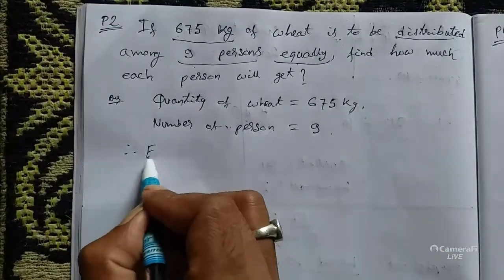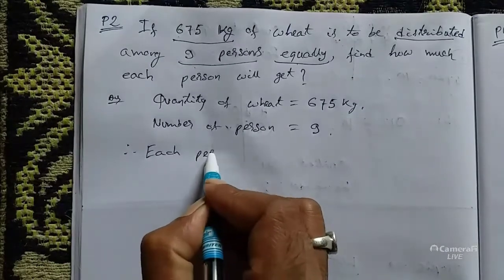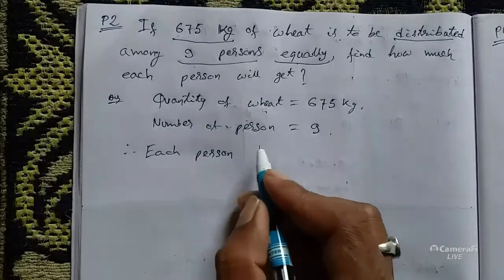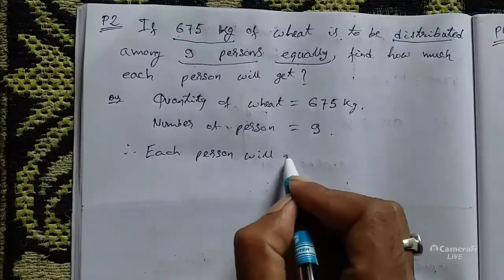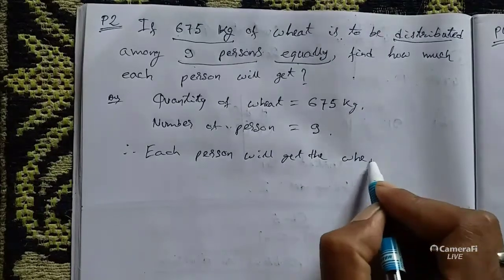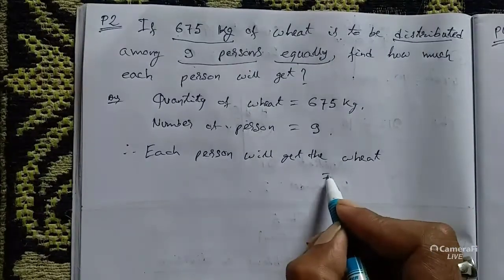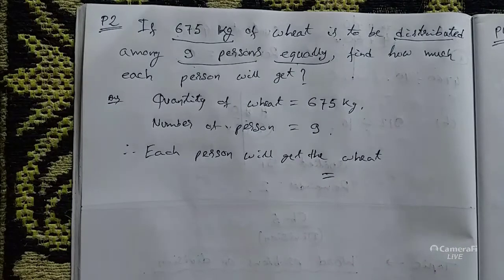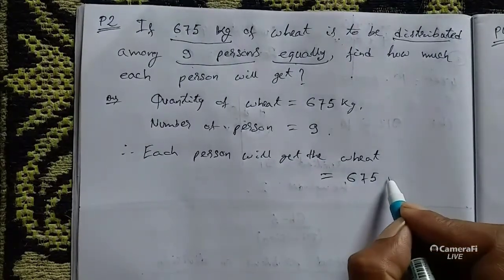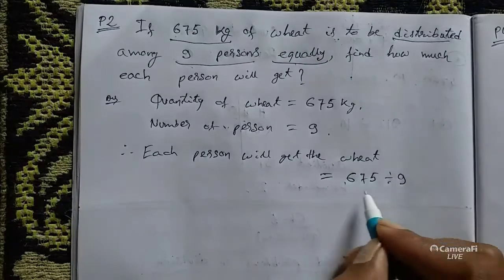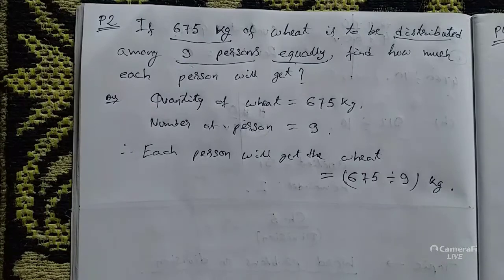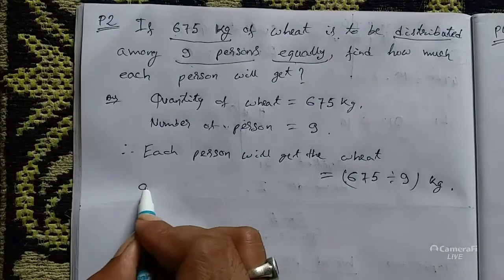Therefore each person will get wheat equal to, as it is distributed equally, 675 kg divided by 9. Whatever we get, that should be in kg.